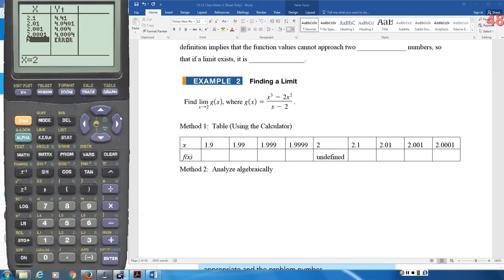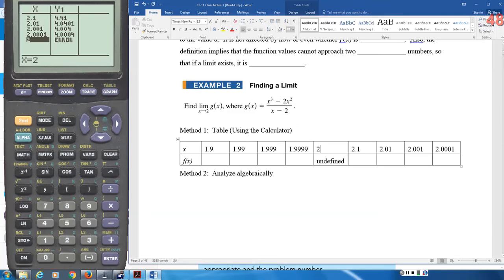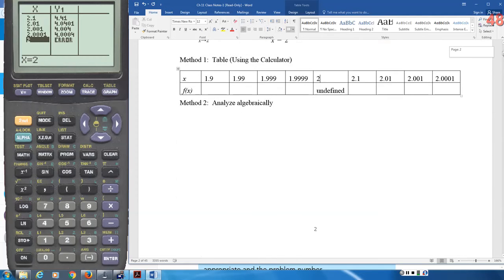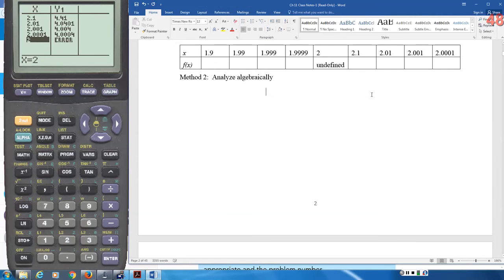Okay? Now, in the video that I have posted, I do show you algebraically what went on. Because you're probably sitting there saying, wait a minute, those were the same y numbers that were in the first example. Why did they come up the same?